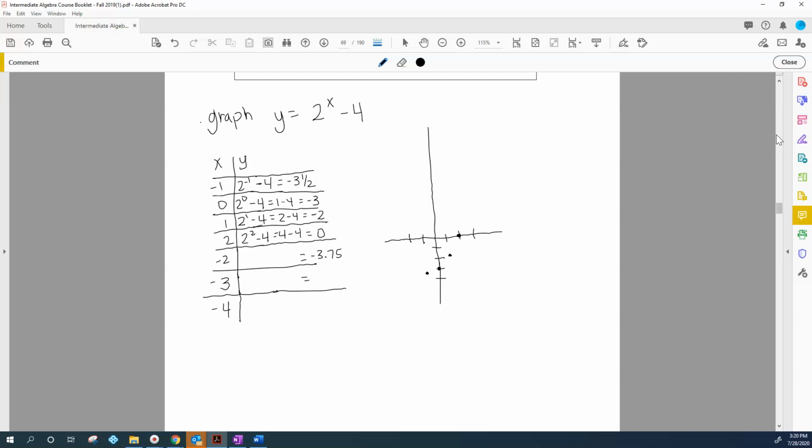So what happens when we put -3 in? What do you come out with there?